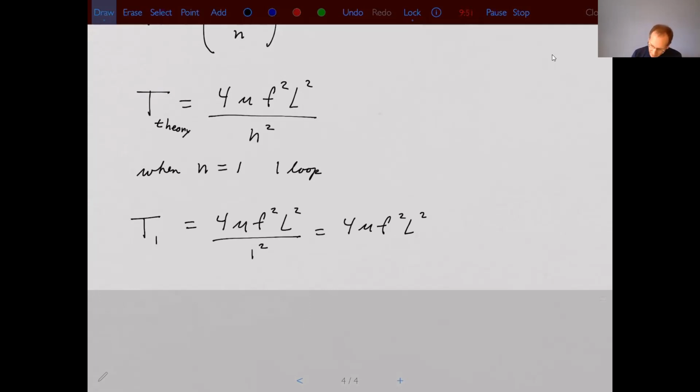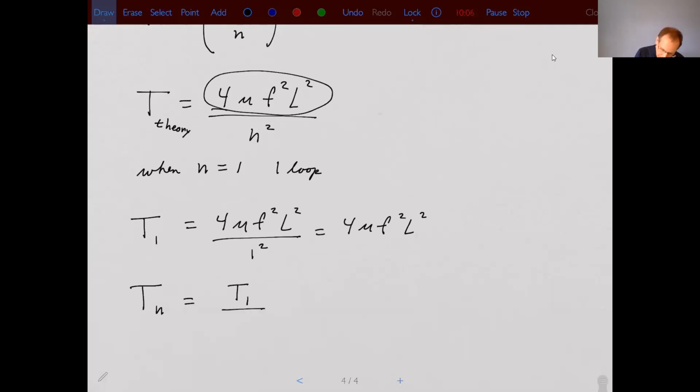So another way of writing the tension for n loops is the tension for one loop, because that is just the numerator here, divided by n squared.